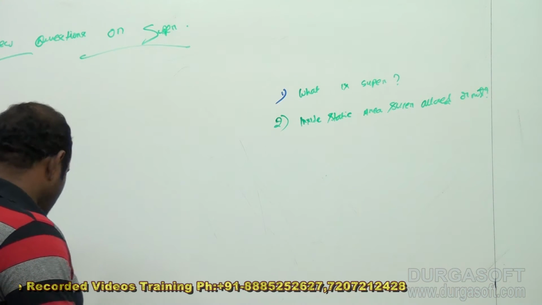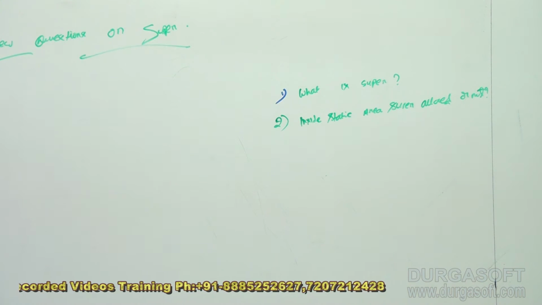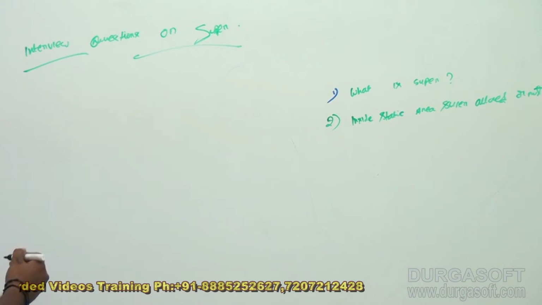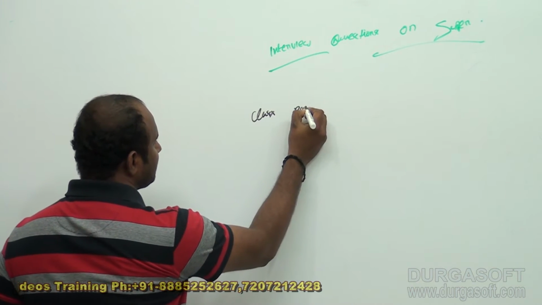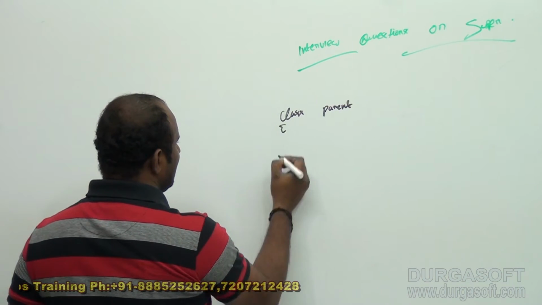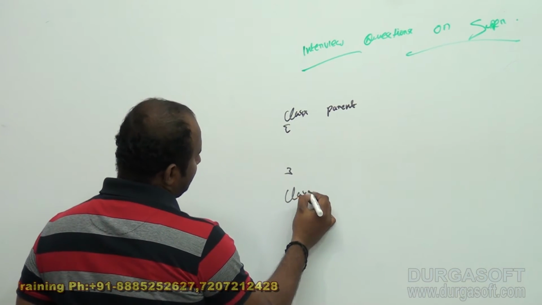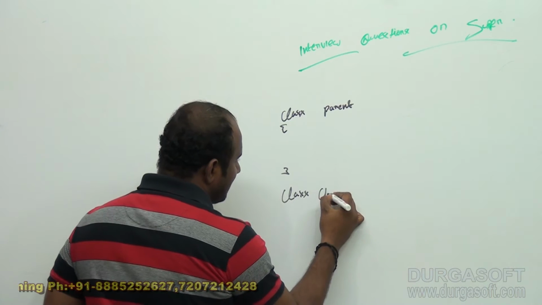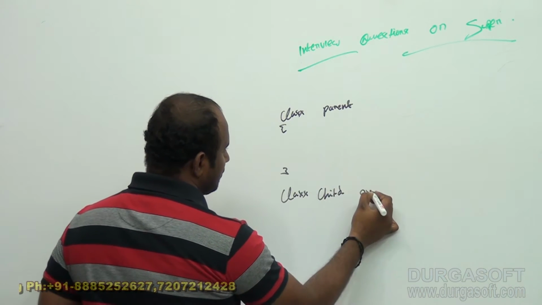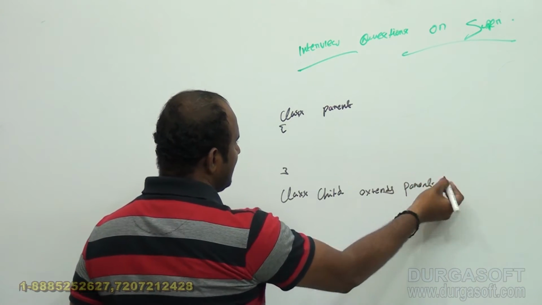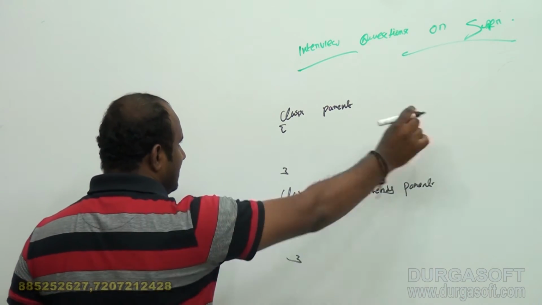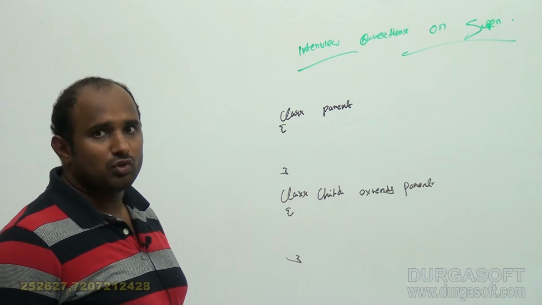Clear? Good. Super keyword means representing the super class object. First let me declare class Parent, and I declare class Child. Class Child extends which class? Parent class, right? And the super keyword is used to represent the super class variables.